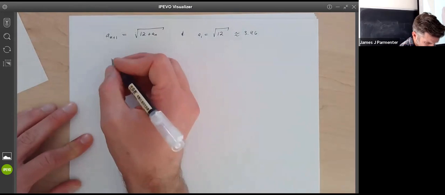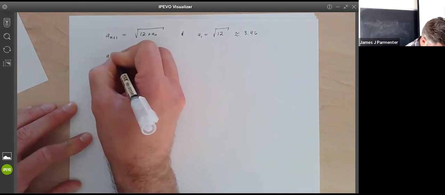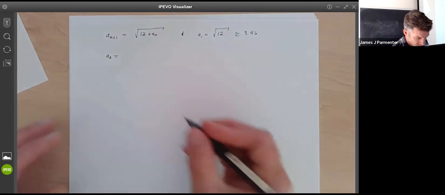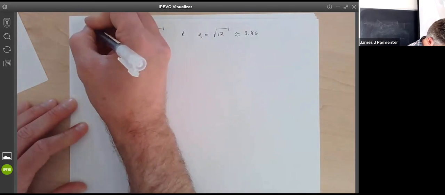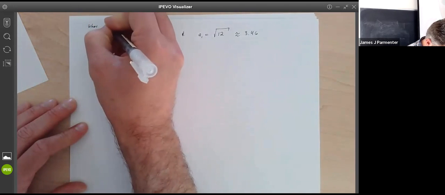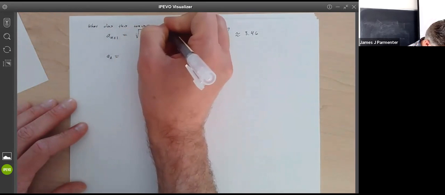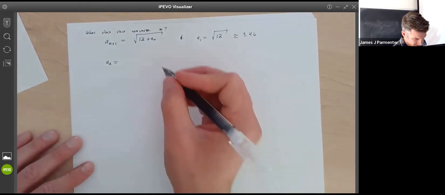All right, well, let's write out some of the terms here. So I should point out, here we're being given the sequence, right? We're not being asked to find the formula for it. It's given to us. But we are going to be asked to find, what does this converge to? So let's write out some terms.